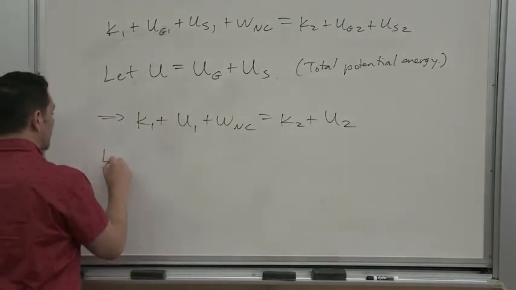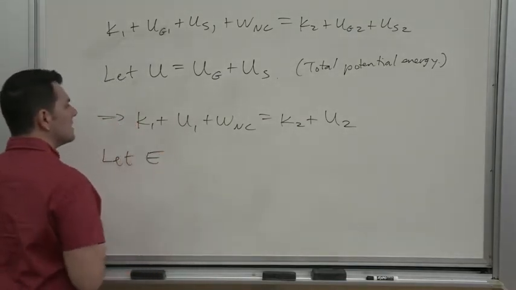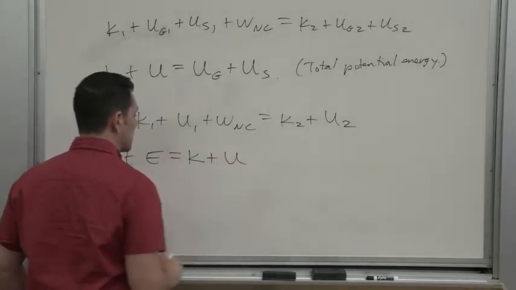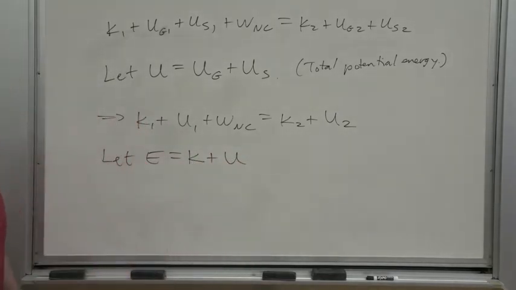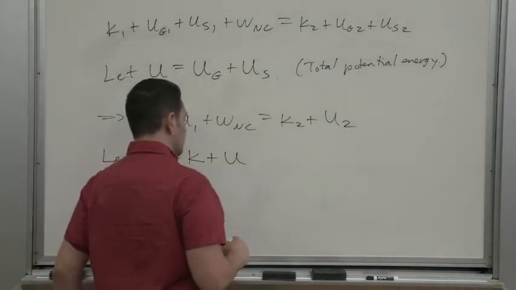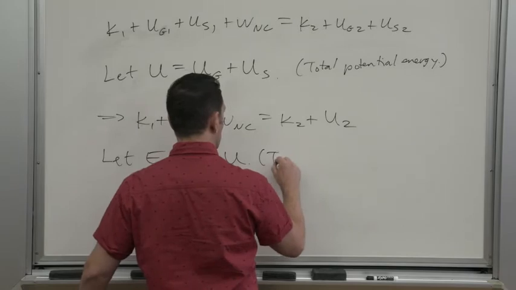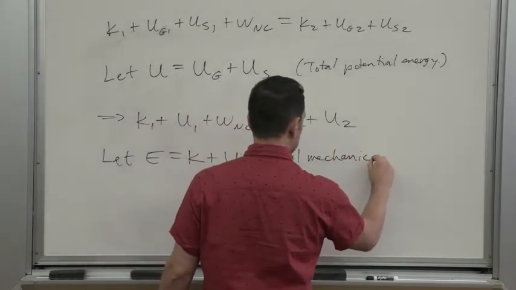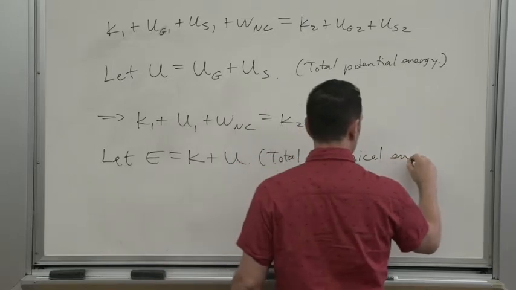Now I'm going to define another quantity called E, which is equal to the kinetic energy plus the potential energy of the object. And we call this total mechanical energy.